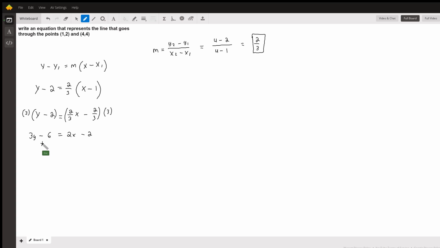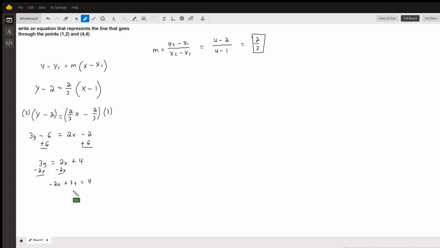Now we're going to move our constant term to the right side to give us 3y equals 2x plus 4, and in standard form our x term has to be on the left side, so we're going to subtract 2x from both sides, giving us negative 2x plus 3y equals 4.